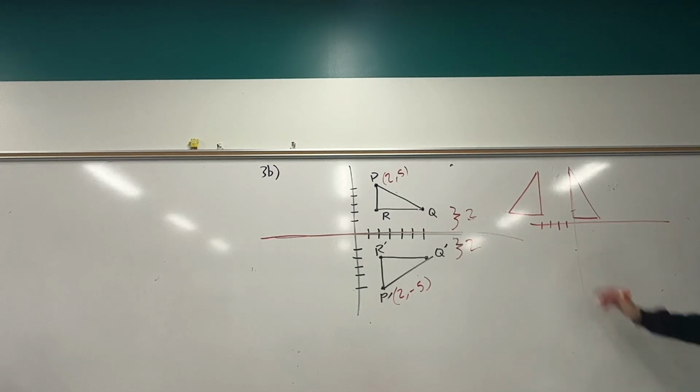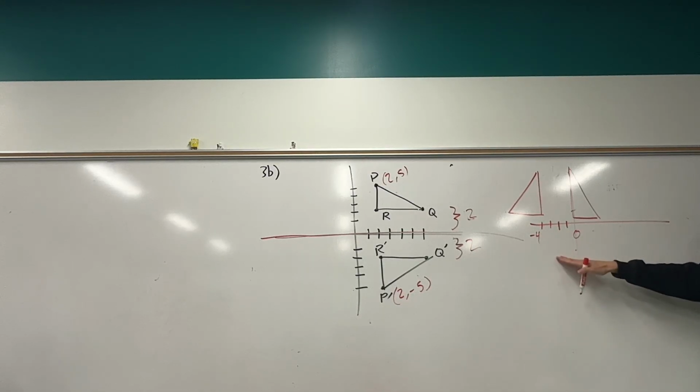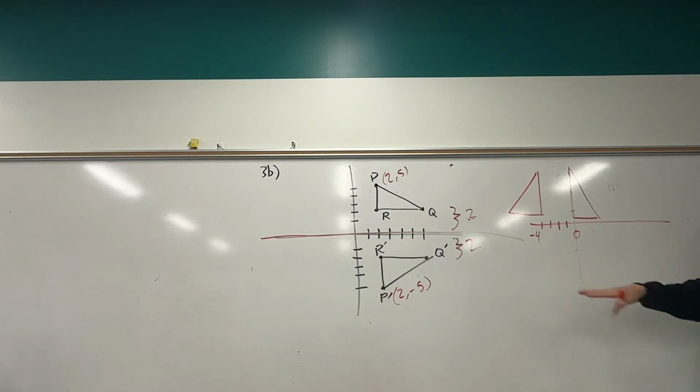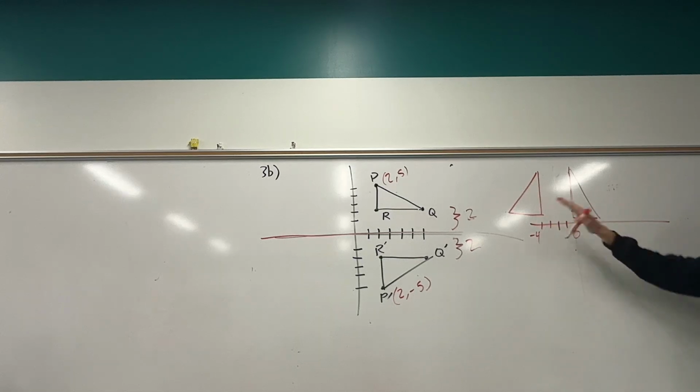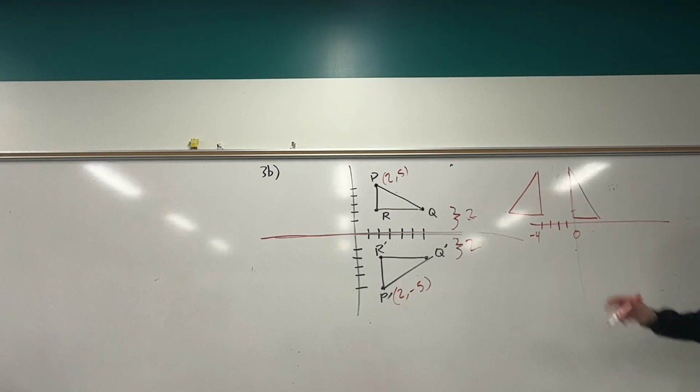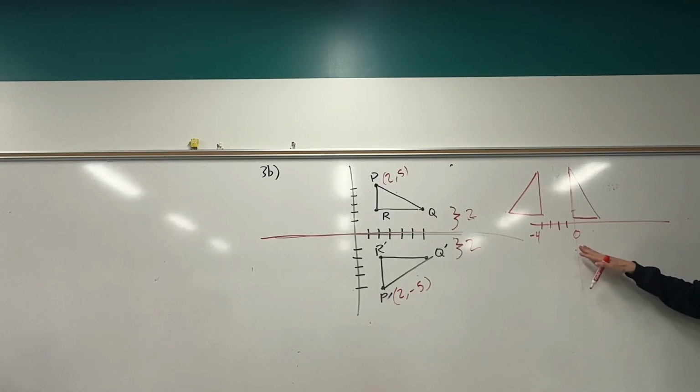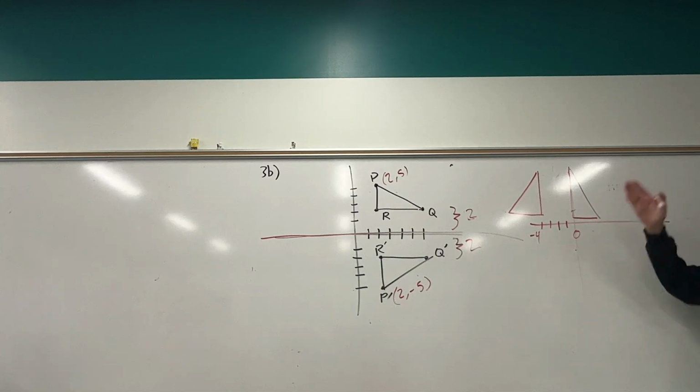So this is -4, this is 0. If I had something like that, because this is like 11 and 12, I'm just giving you an example. If I had that shape, pretend these are the same but it's flipped, where would my axis of symmetry be? If I had those two shapes right there, -4, 0. Where would I draw that axis? On what point? Think about it.